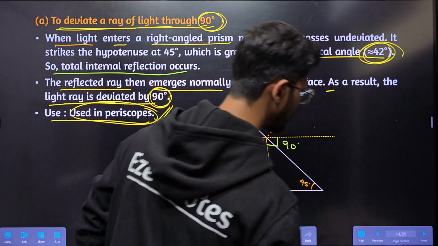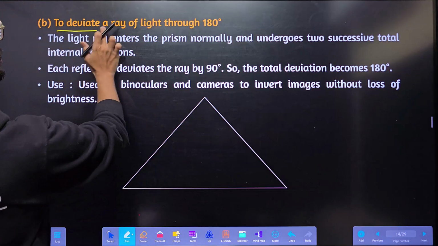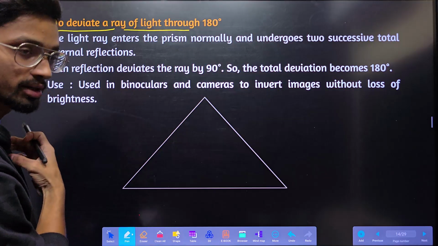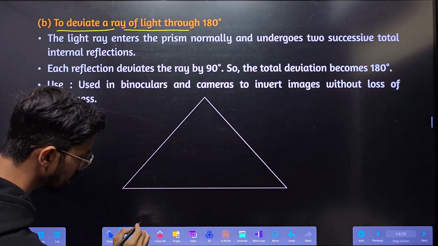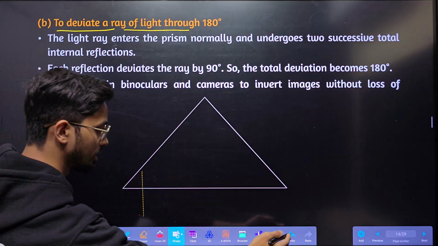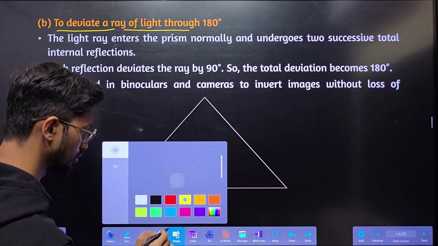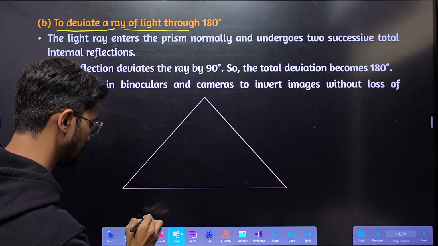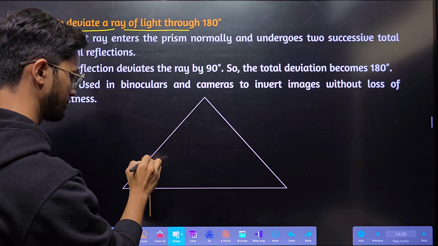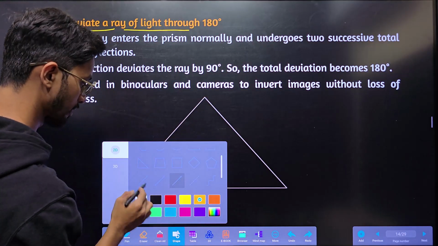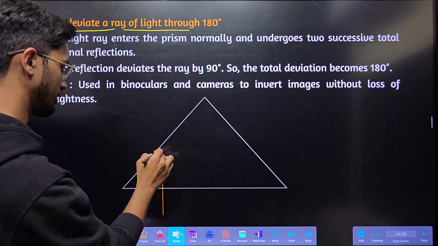Now, the other use of this, to deviate a ray of light through 180 degrees. Okay. Now, the ray goes from here like this. Like this.